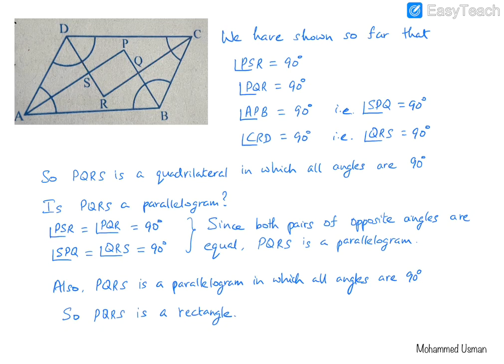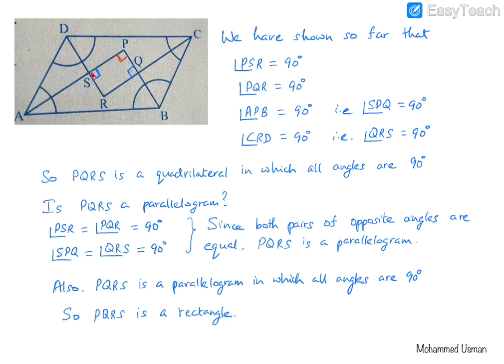Okay, so what we have shown so far, we have shown that the angle PSR, which is this angle here, PSR is 90 degrees. The angle PQR is 90 degrees, which is this one. And the angle APB, which I'll mark in a different color, APB is this, is 90 degrees. But APB can also be written as SPQ.